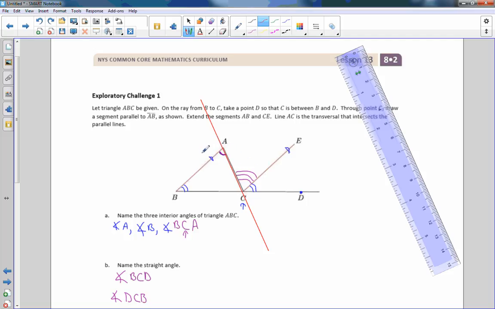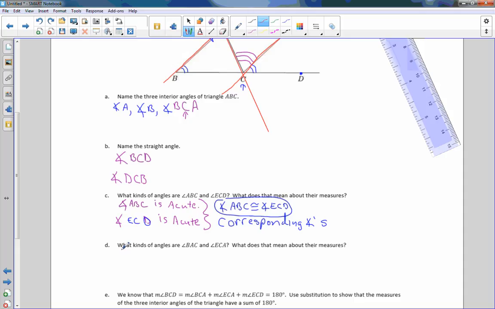They're not outside. So if I drew a line here and a line here, they're in between. They're inside these two parallel lines, and they're on opposite sides of the transversal. So those are called alternate interior angles. And yes, they are acute, but that's not what they're asking, but they are also acute. And it says, what does this mean about their measures?